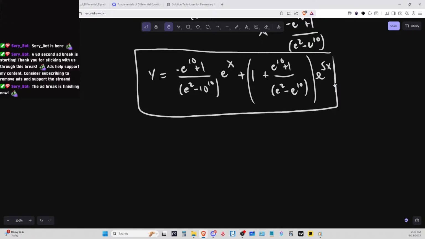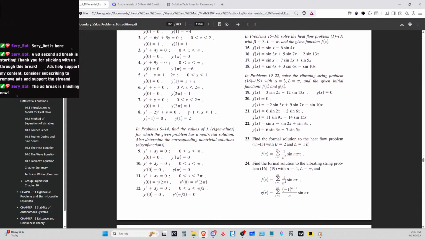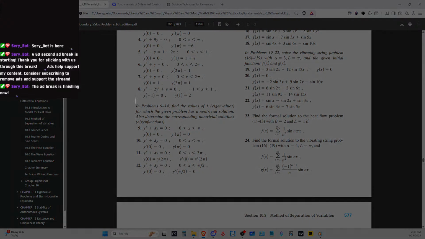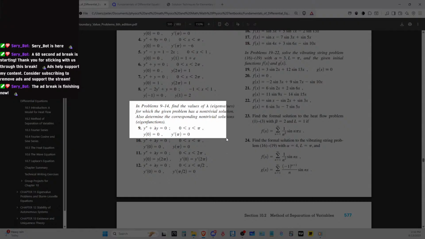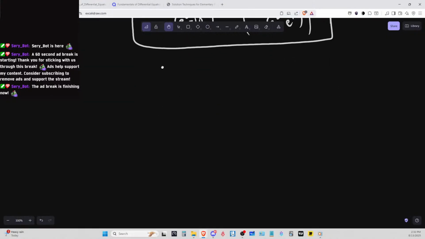Okay, so let's continue on. So I think with these, we're okay. Let's try these. Problem 14, 9 to 14. So I don't think I've ever experienced doing this one yet, so I think it would be a good opportunity to try it.